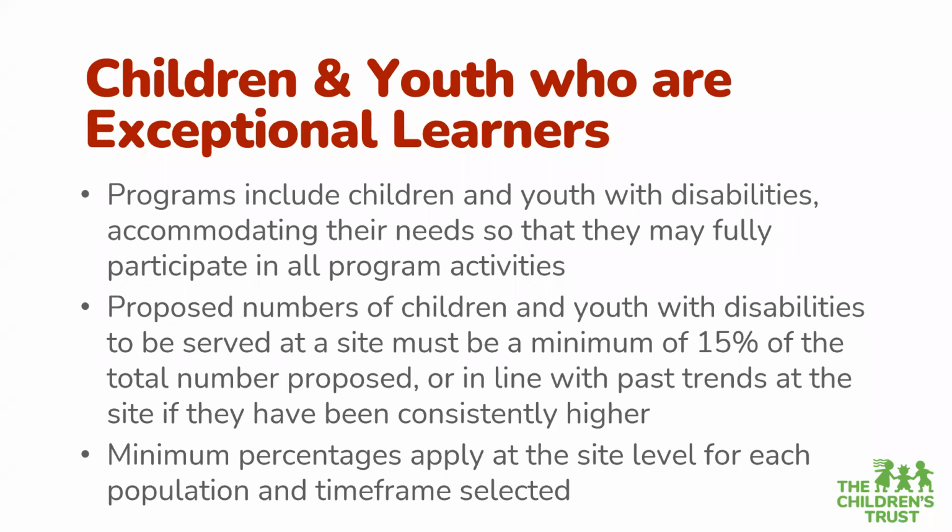There is an expectation that the proposed number of children with disabilities to be served at a site is a minimum of 15% of the total number proposed, or if you have been funded for youth development, that it is in line with past trends at the site if they have been higher.